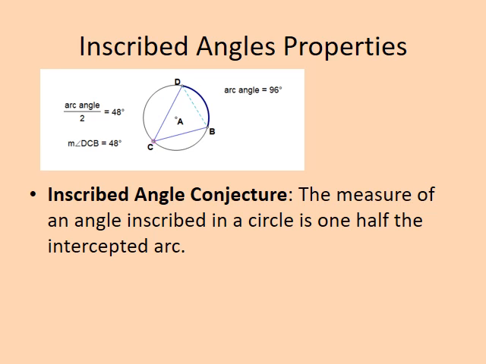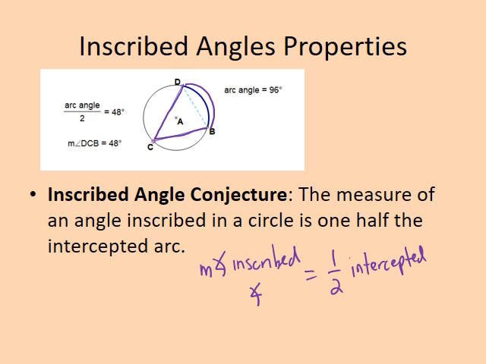As we just noticed in the sketch, the inscribed angle, which is right here, is 1/2 the intercepted arc, which is right here. So we can say the measure of the inscribed angle equals 1/2 the intercepted arc.